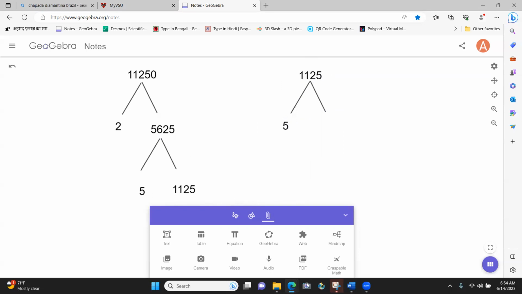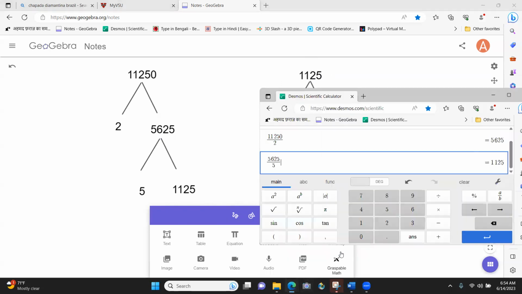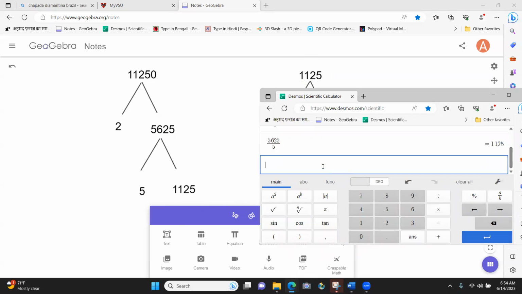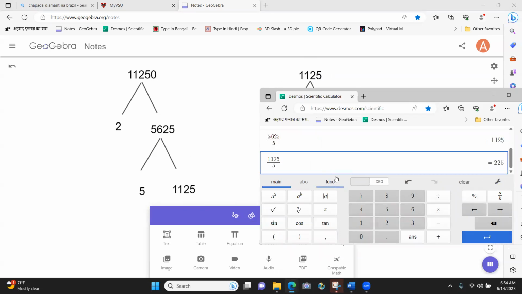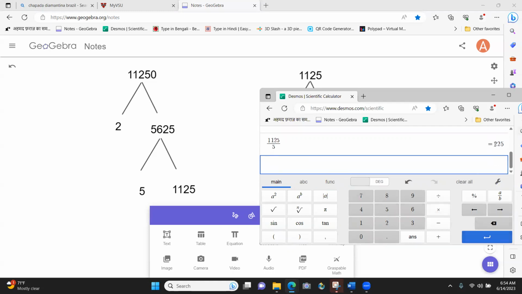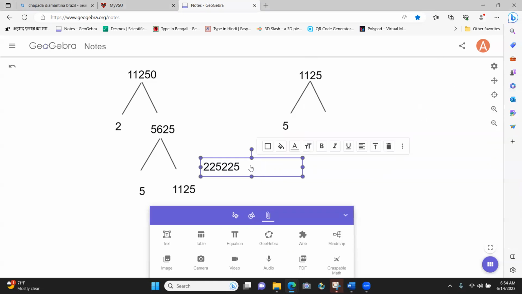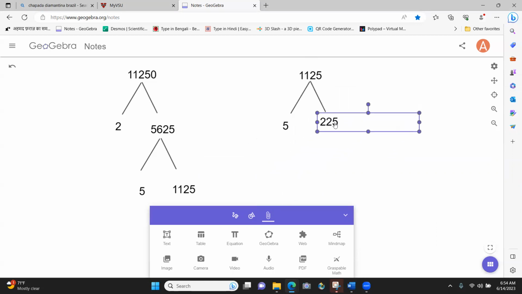And when I divide 1125 by 5, what do I get? 225. It's getting better. 225 is also divisible by 5.